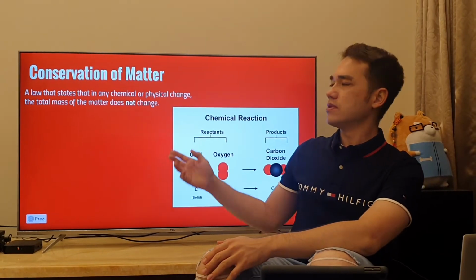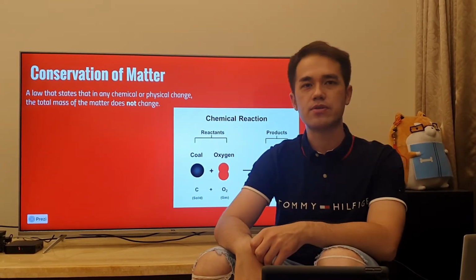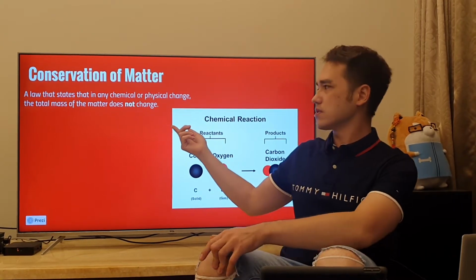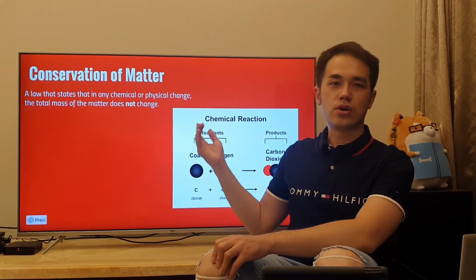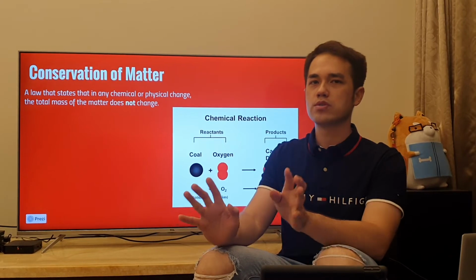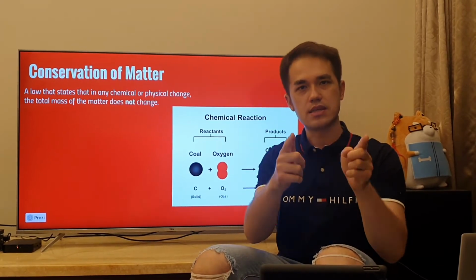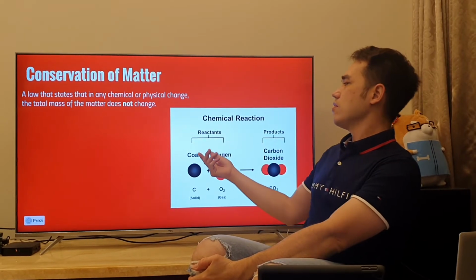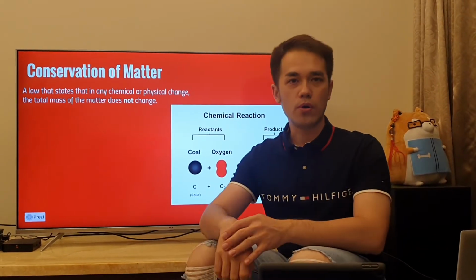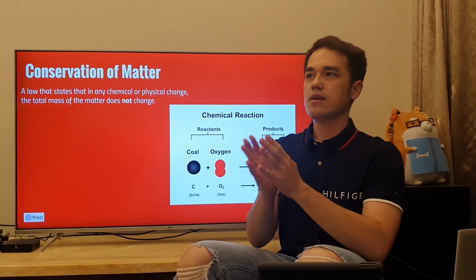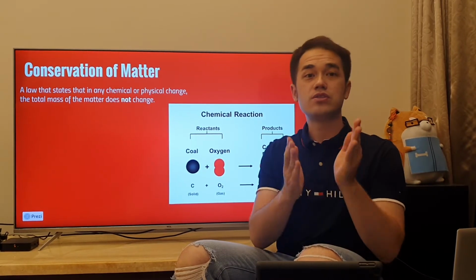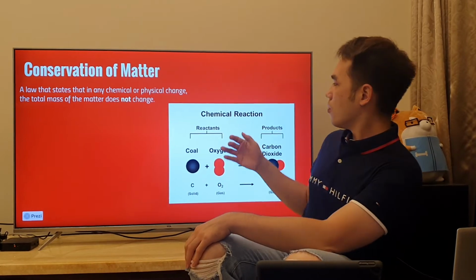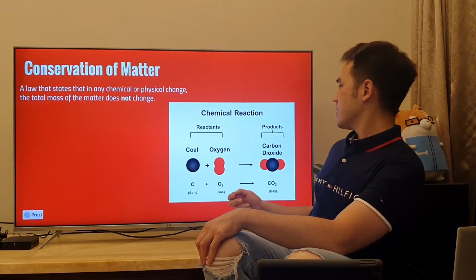Okay? So the conservation of matter is a law that states that in any chemical or physical change, the total mass always remains the same. For example, when you're burning coal with oxygen, because as you know, oxygen is needed to burn things, what happens in the air?